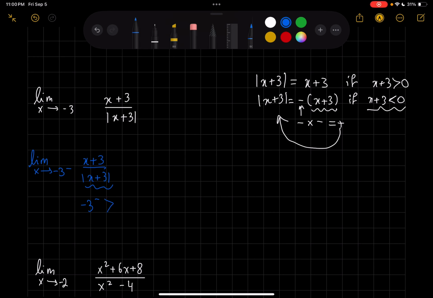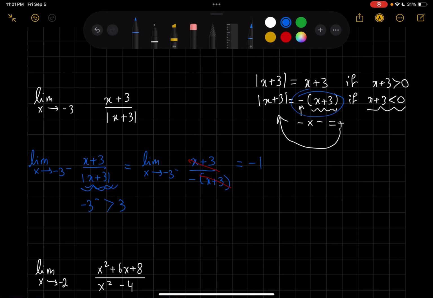So the outcome of the absolute value, I know it is going to be negative. So in order to change it into a positive, I must apply the second rule. So it is going to be limit as x is going to -3 minus of x plus 3 over minus (x plus 3). Now I can simplify, and the answer would be -1.